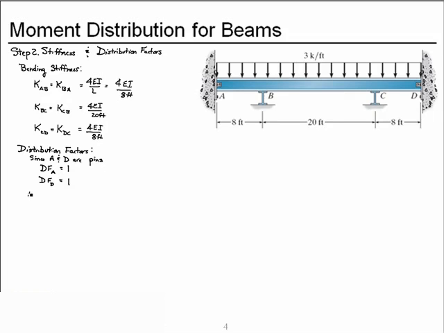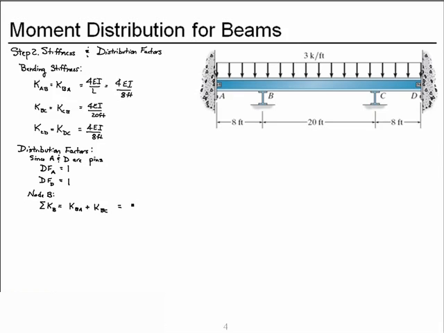Now for node B, let's sum all of the beam stiffnesses, or element stiffnesses, coming together at that node. So we have the stiffness BA plus the stiffness BC.